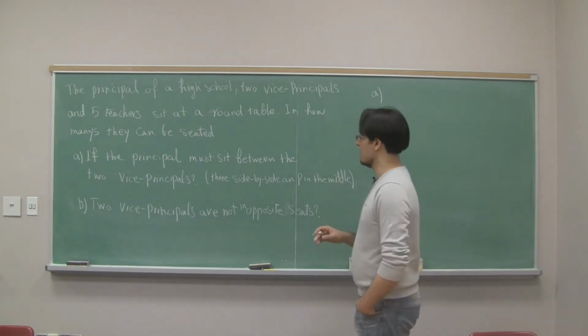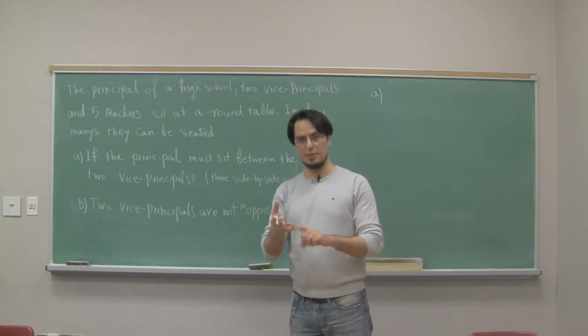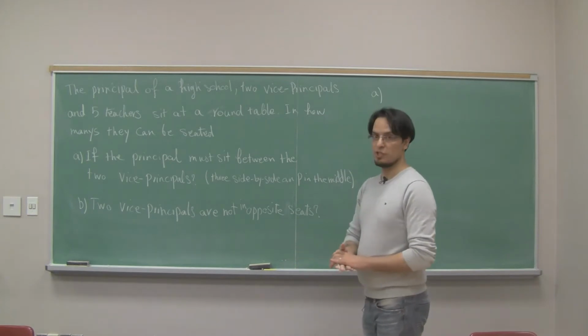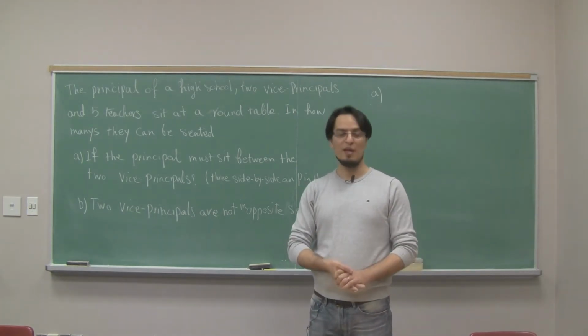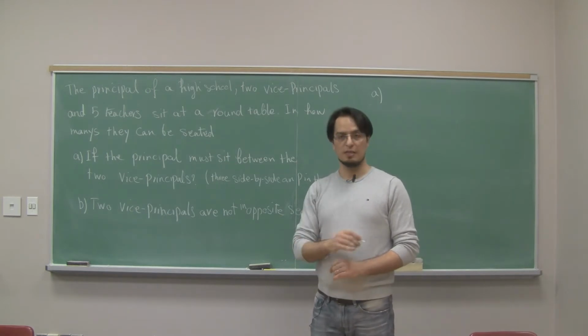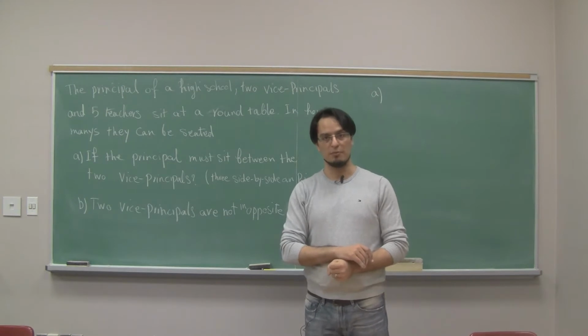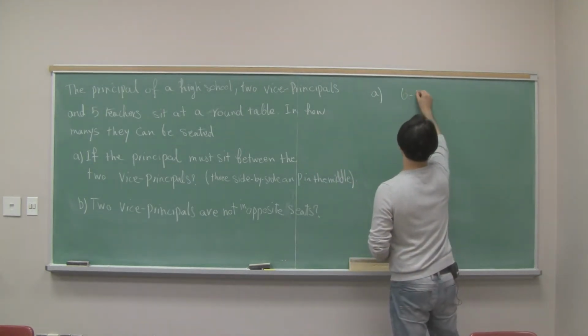So we have one person formed from the principal and 2 vice principals, plus 5 teachers. In total, we have 6 different people, and we want them to be seated at a round table. So the number of ways would be 6 minus 1 factorial.